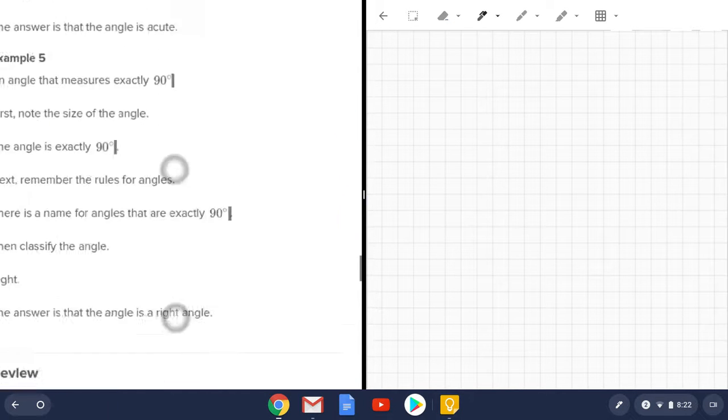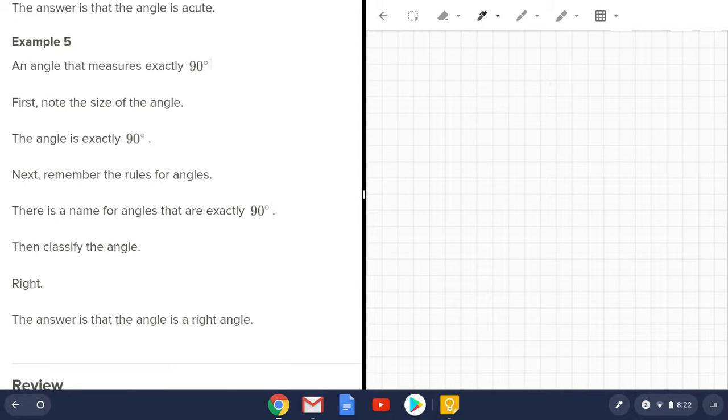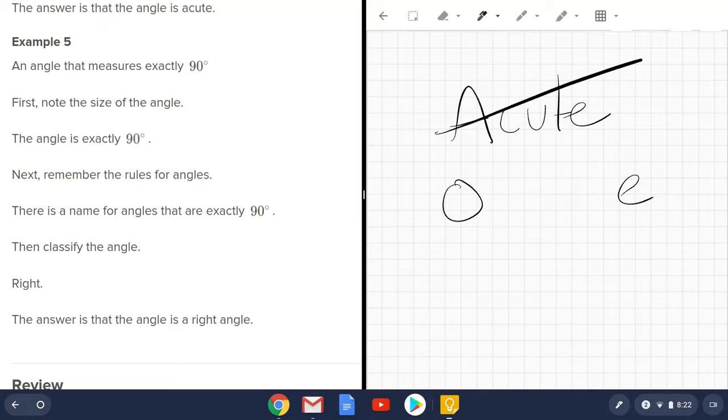Finally, example 5, our last one. An angle that measures exactly 90 degrees. Is an angle that measures exactly 90 degrees an acute angle? No, acute angles have to be less than 90 degrees. So we know it's not that. An obtuse angle? Obtuse angles have to be greater than 90 degrees. It cannot be exactly 90 degrees.